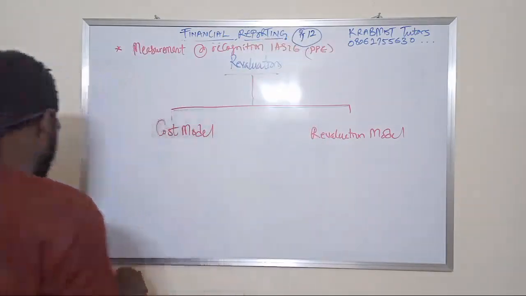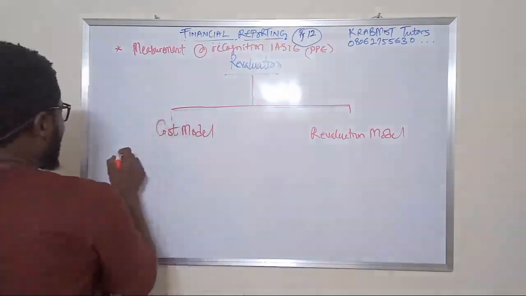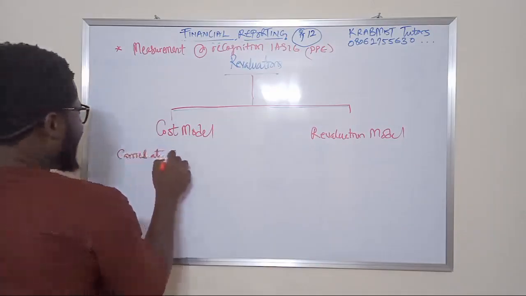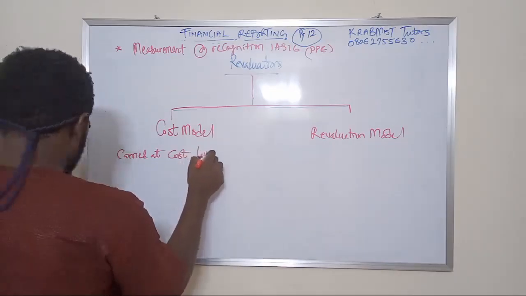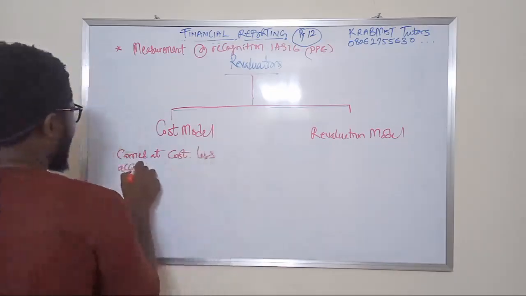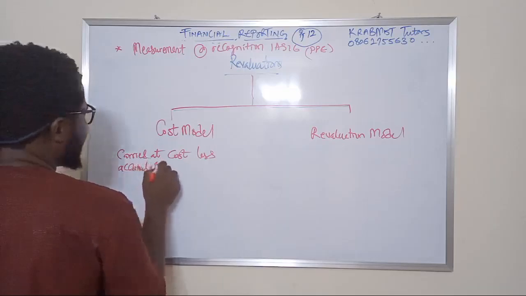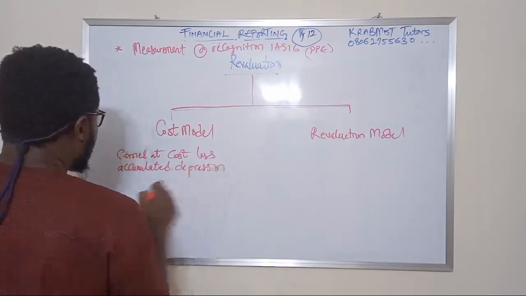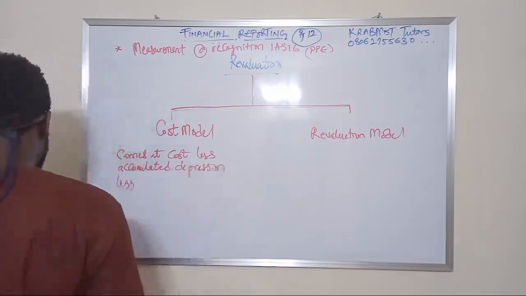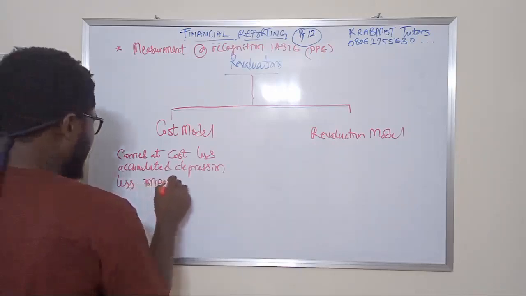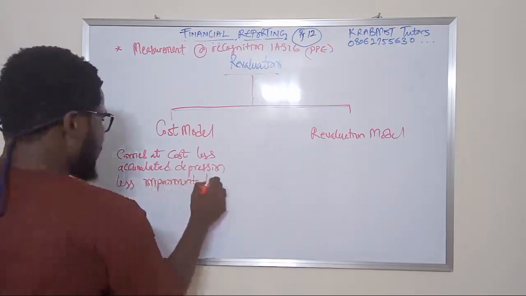So we said this is carrying amount at cost less accumulated depreciation less impairment losses.